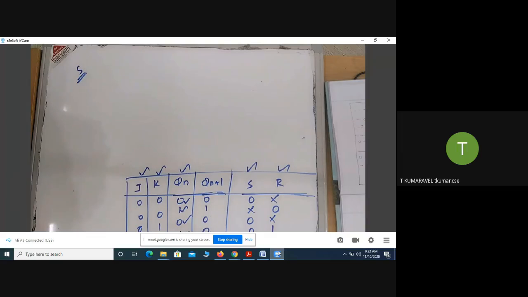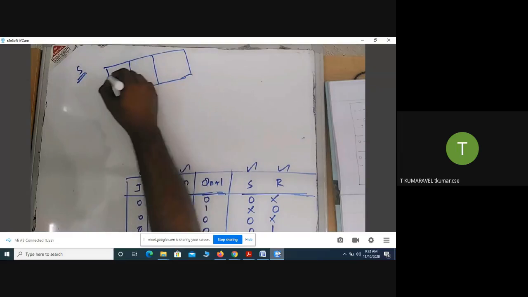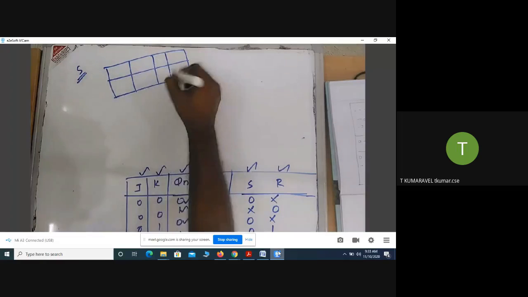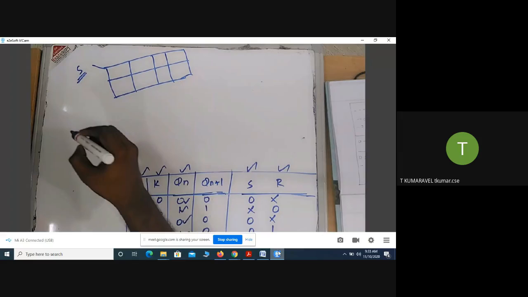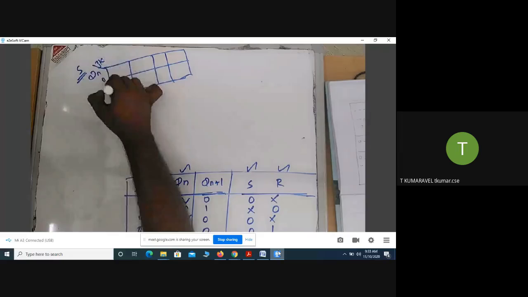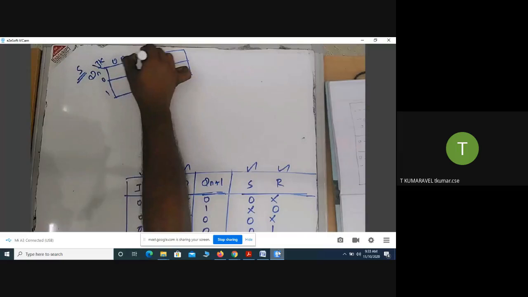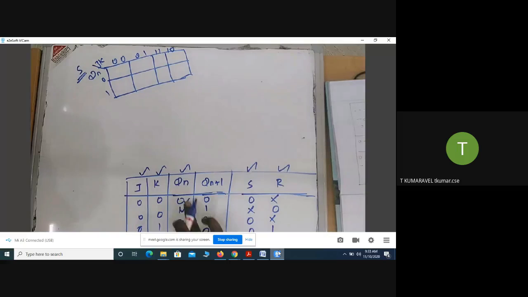How many input combinations are available? Eight input combinations. So I will take a three variable column, Qn and JK, with JK going 00, 01, 11, 10. First, I'm going to generate the equation for S. What is the value of Q?